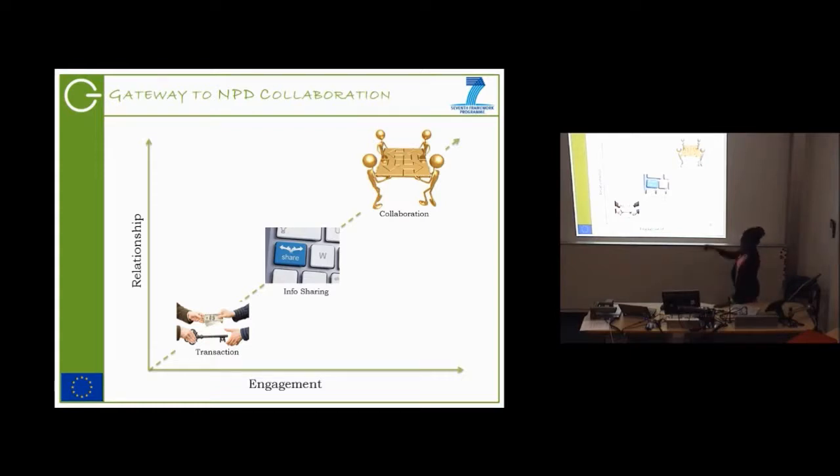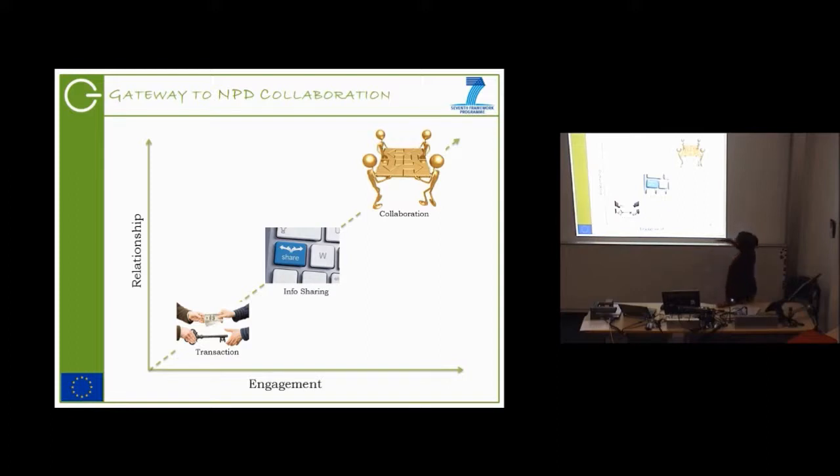And then if you keep moving on, and you get good at this supply chain information sharing, then it allows you to reach a stage where you can engage in new product development collaboration with your supply chain. So now you're not just talking about asking them for little bits of information, but you're at the stage where you can say to them, we have been working together really well, so do we want to work together to improve this?